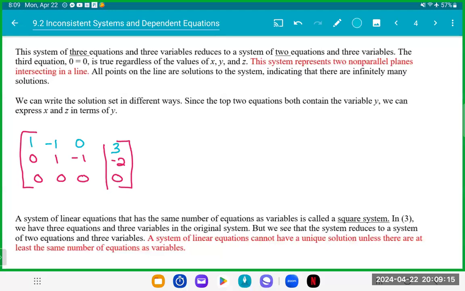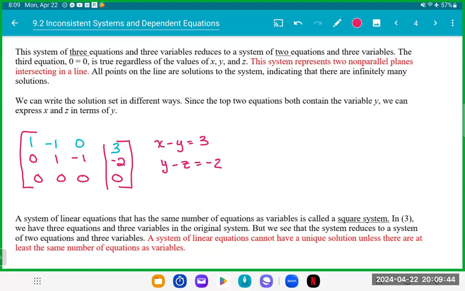And then we can write that kind of in a different way. So in the first one, we have x minus y equals 3. In the second equation, we had y minus z equals negative 2, right?